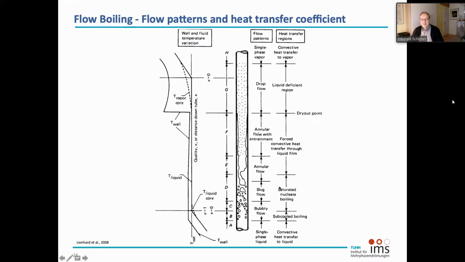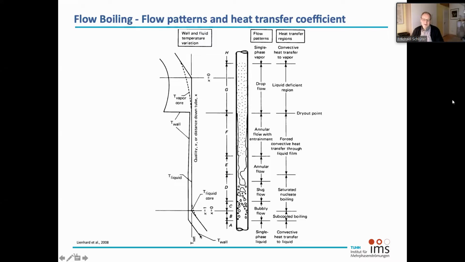Okay, and how does it look with the temperature, coming back to the dryout? Here you see the pipe again and how water is evaporated. And here you see the temperature. This line is the saturation temperature.